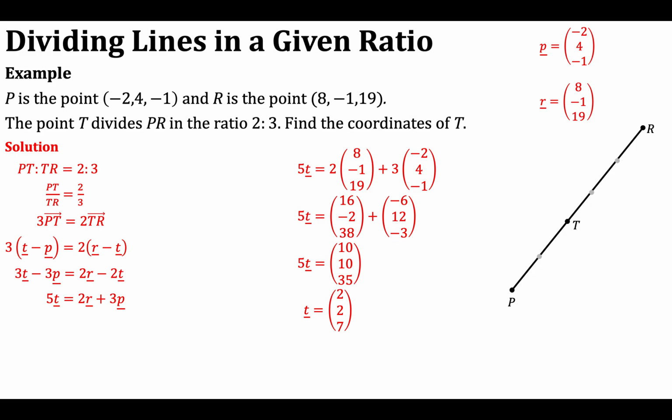And that's position vector t is equal to (2, 2, 7), which means the coordinates of point T is (2, 2, 7), which is my final answer here.